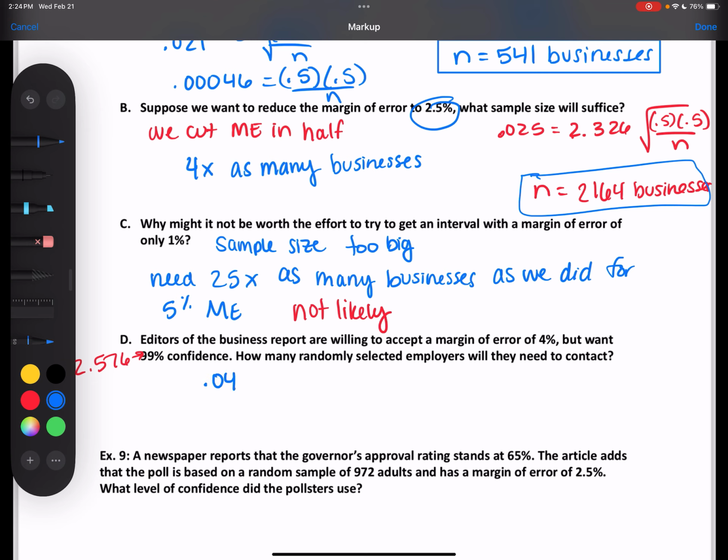I like my zeros before the decimal points. 0.04 equals 2.576 times the square root of 0.5 times 0.5 over n, and solve for n. So 1,037 businesses.